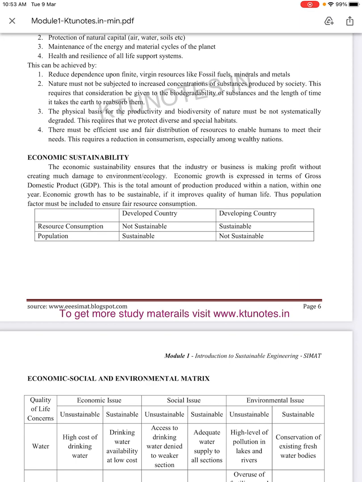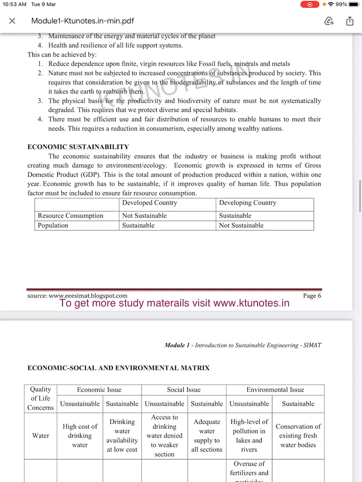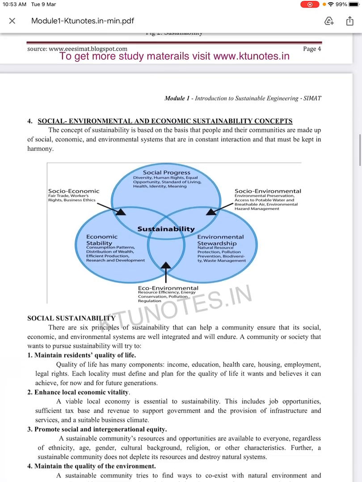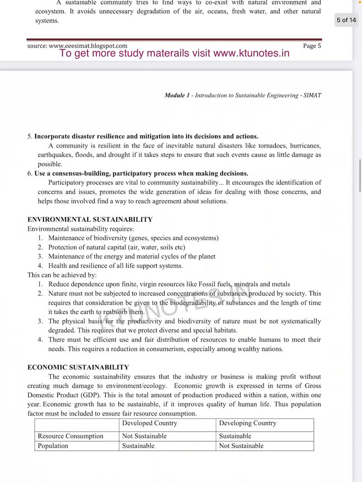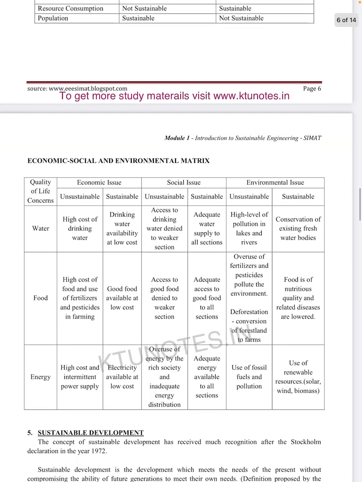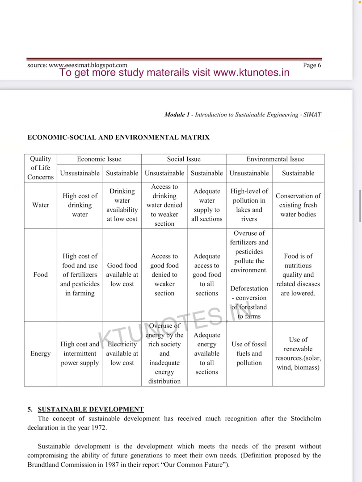The population factor must be included to ensure fair resource consumption. So that should be considered as economic sustainability. We have discussed the types of sustainability: social, environmental, and economic sustainability. The following points discuss the connection between the three sustainabilities by taking different parameters.